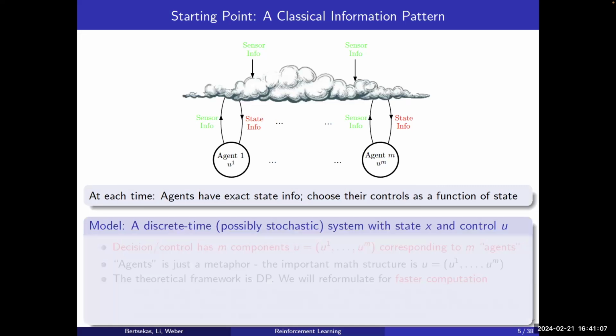In this case, the problem can be modeled as a discrete time system with state X and control U. This state X is what I referred to a moment ago, the common picture of the overall situation. The unique feature of the multi-agent problem is that the decision or control has M components, U1 until UM, each component corresponding to one agent.